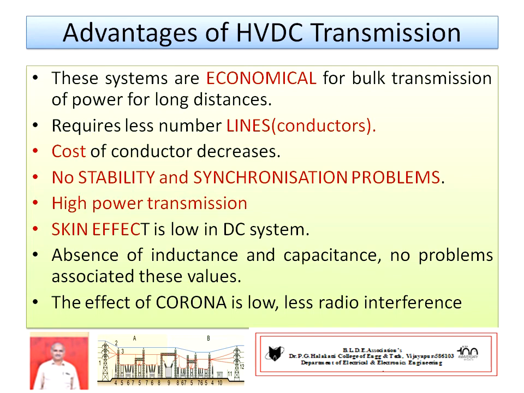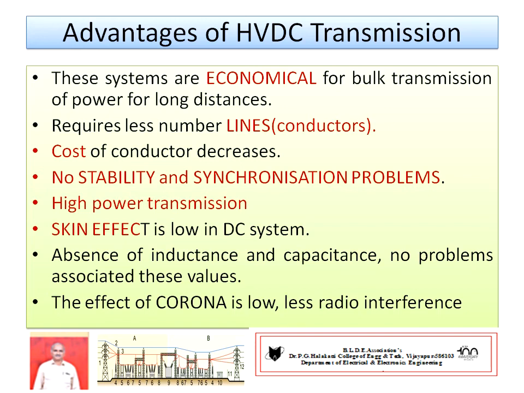It requires fewer lines as compared to a three-phase AC system. The number of lines required reduces, thereby the cost of the conductor also reduces, so it becomes still more economical. We observe stability and synchronization problems in AC systems, but in DC lines such problems are not present.